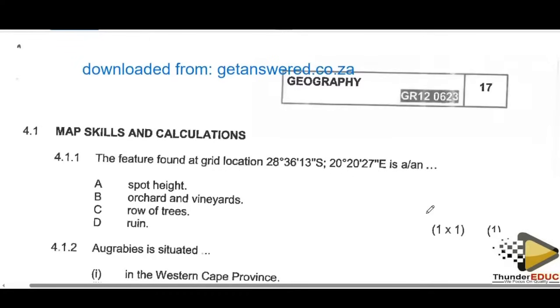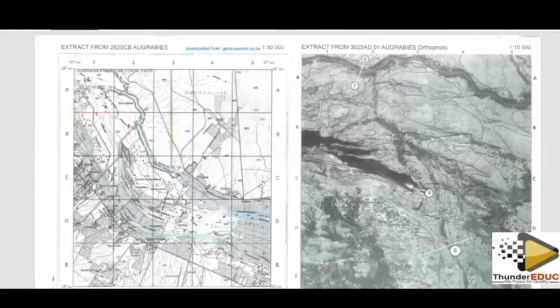Okay, they say the feature found at grid location 28 degrees 36 minutes 13 seconds south, 20 degrees 20 minutes 27 seconds east is what? Let's first locate the 28 degrees on our map. So this is our 28 degrees.